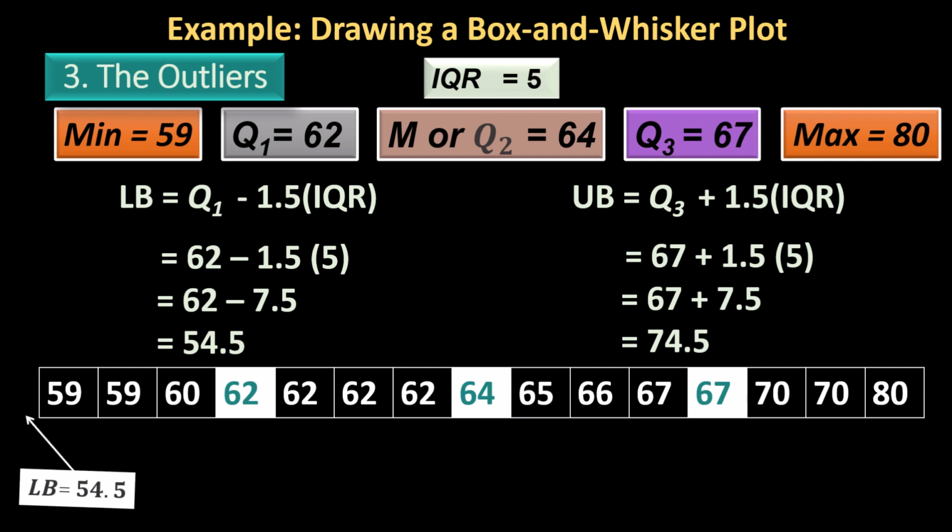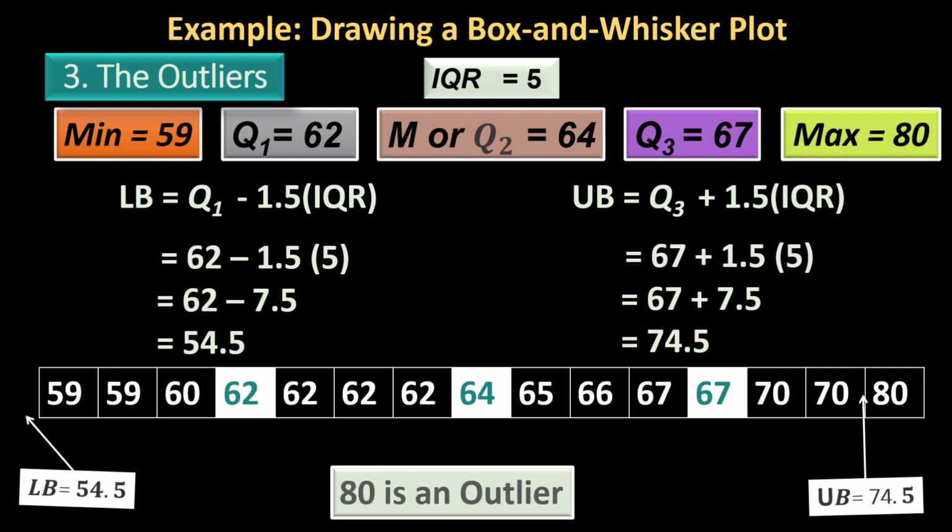Then we see there are no observations below the lower bound, right? That means no outliers on the left side, below the lower bound. Are there any outliers on the right side? Yes, you see the upper bound is 74.5. That should be less than 80 and greater than 70, right?